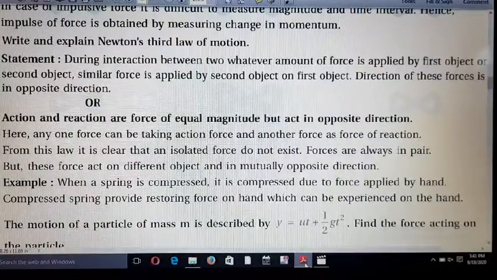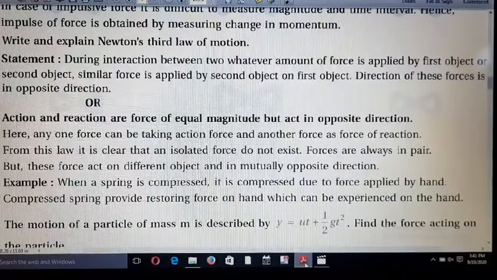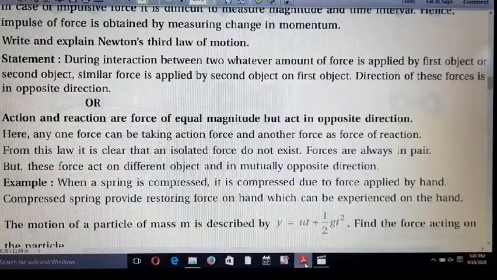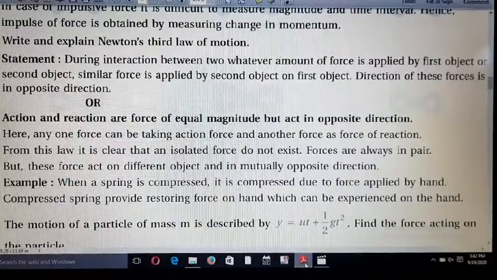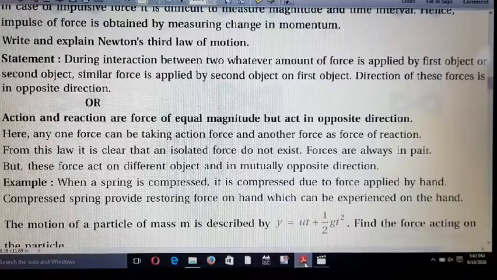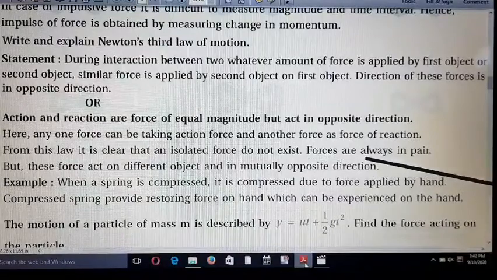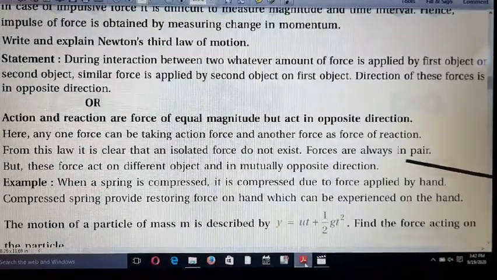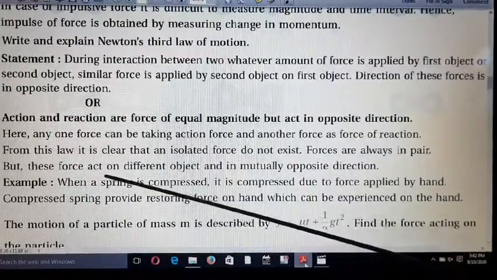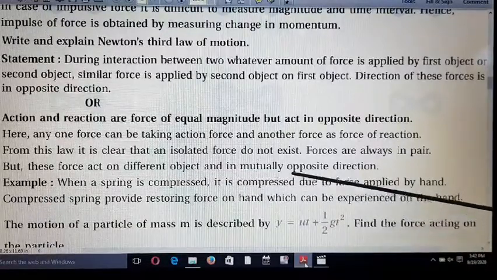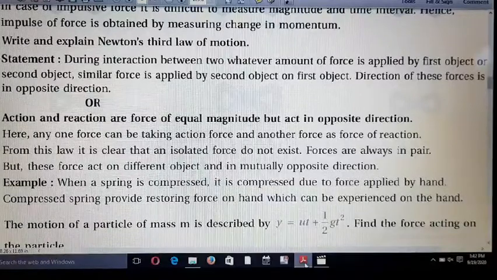Hence, we can take any one force as the action force and the other force as the force of reaction. So from this law, it is clear that an isolated force does not exist. Forces are always in pairs, but these forces act on different objects and in mutually opposite directions.